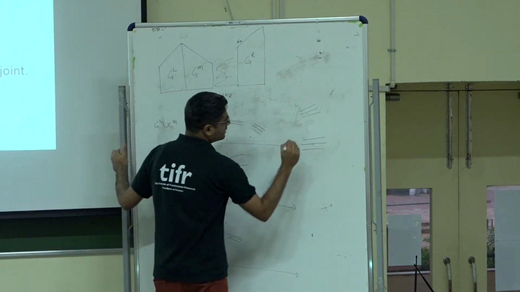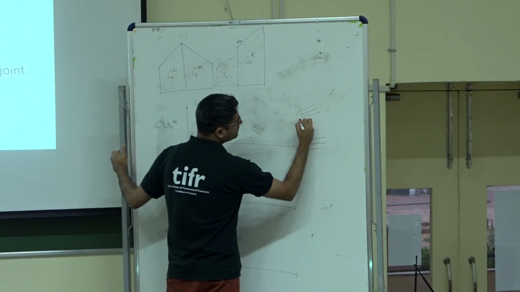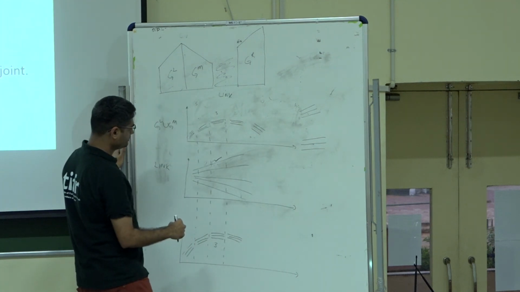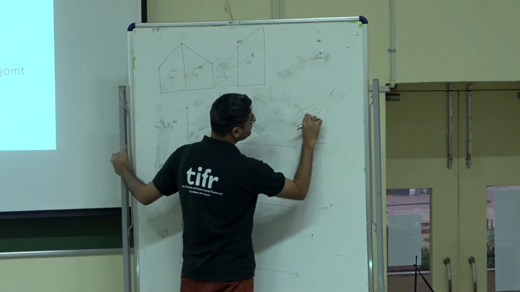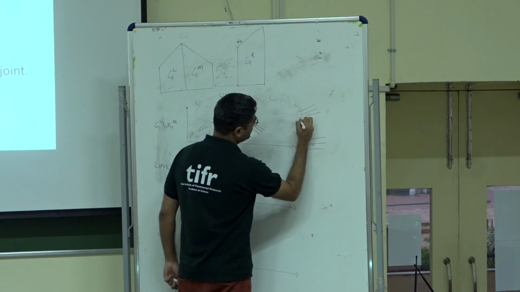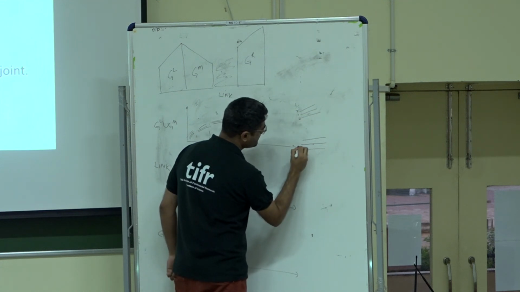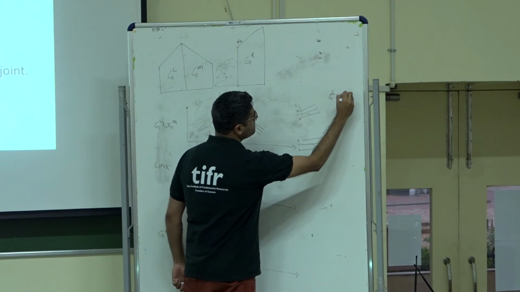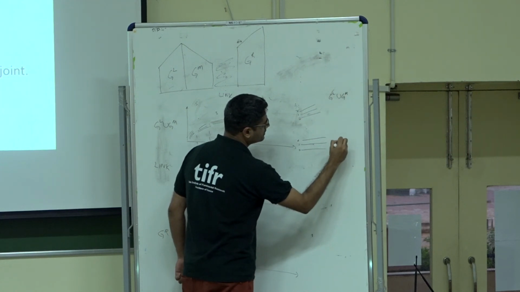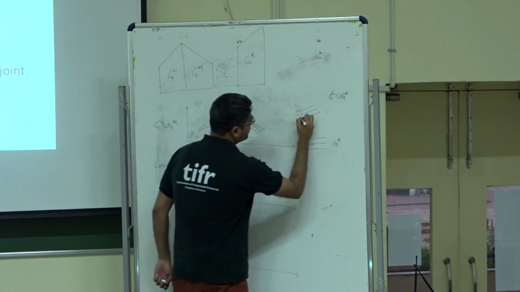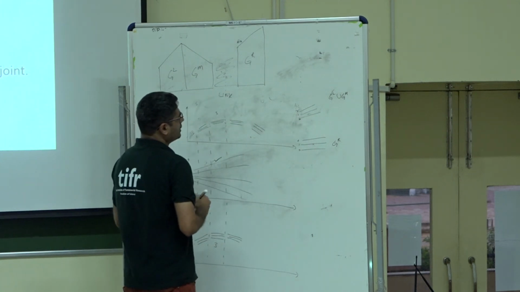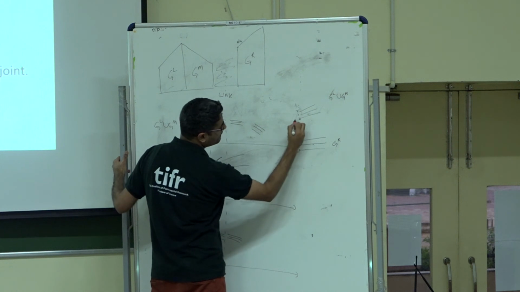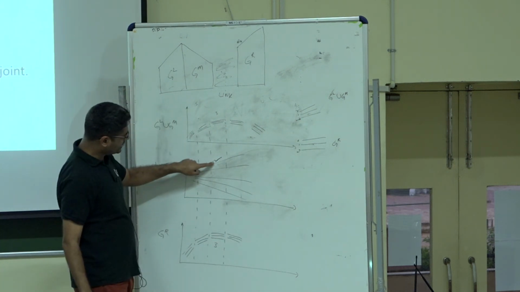And here, what you take is this. So initially you take the smallest ones over here, and over here you take the top one.